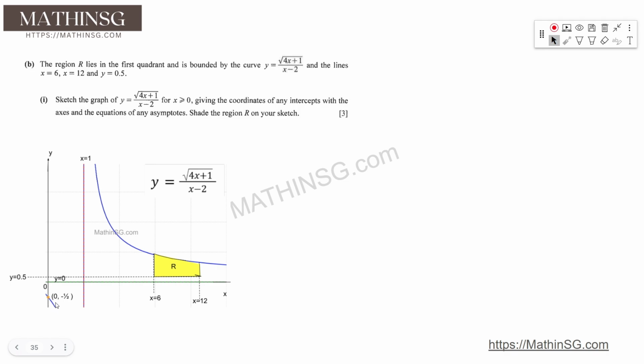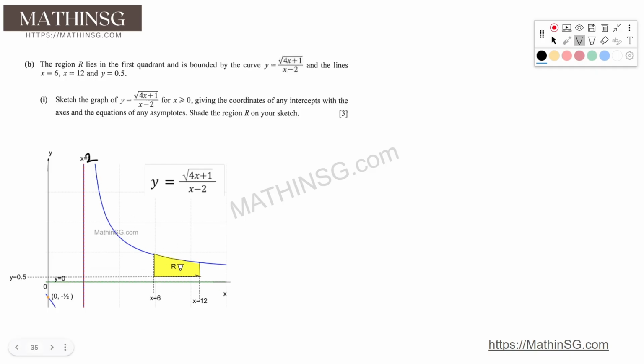Then I'm asked to include any intercepts with the axes. The y-intercept is at (0, minus half). You can find it using your GC. Then there's an asymptote at x equals to, sorry, this is not 1, it should be x equals 2.